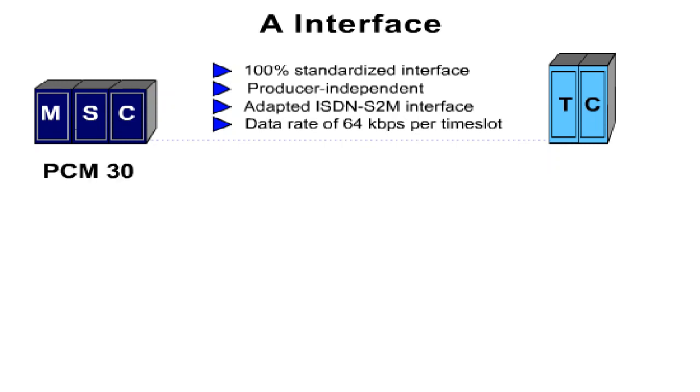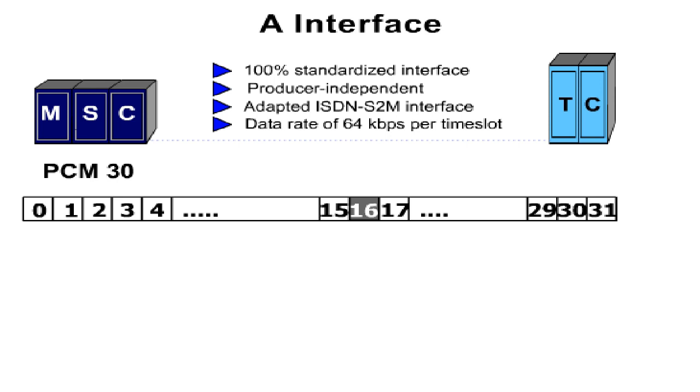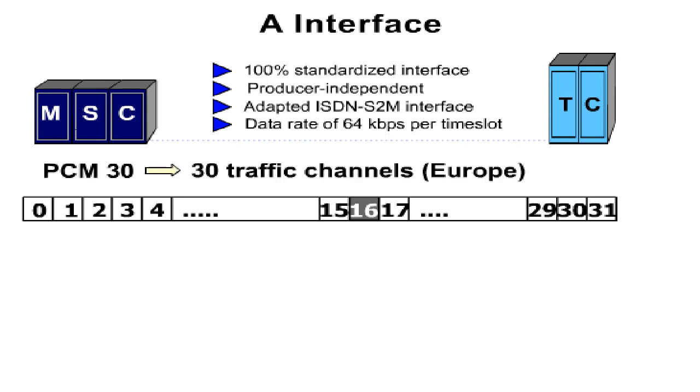In the PCM30 configuration, the A interface contains 30 traffic channels. Time slot number 0 takes over synchronization tasks, and time slot number 16 contains signaling information in the Signaling System number 7 format, or SS7.